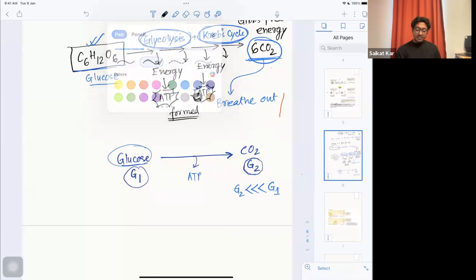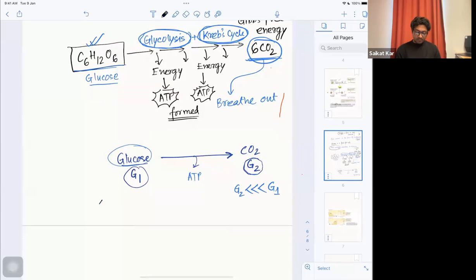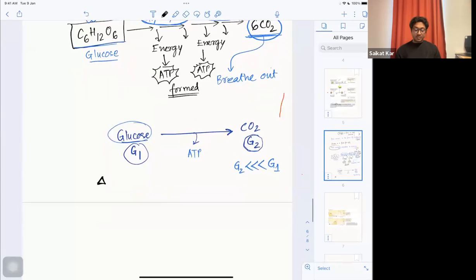Now, if we try to find out the difference between these two Gibbs free energies, we call it del G. Del G is the difference between the Gibbs free energy associated with the chemicals. Del G is actually products' G minus reactants' G. Product minus reactant.